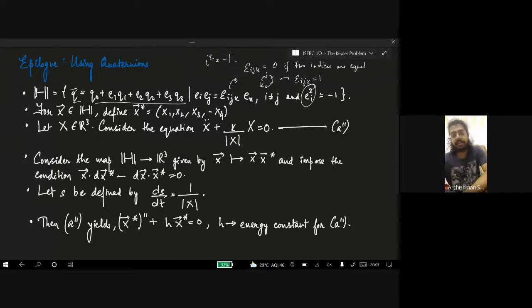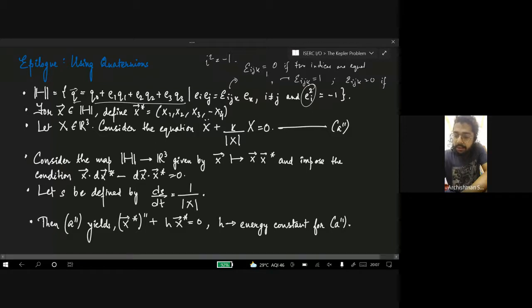If you do not have a cyclic permutation of 1 to 3, epsilon_ijk is -1, and it's 0 if two indices are equal.